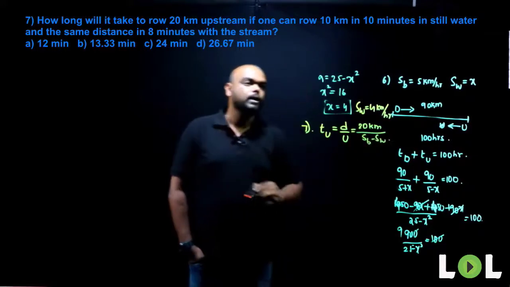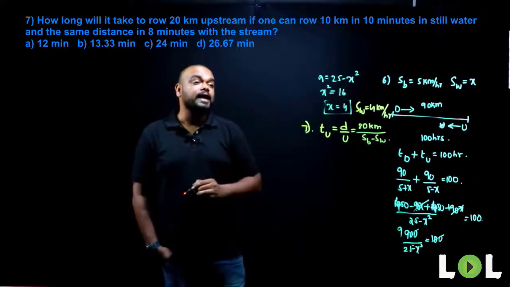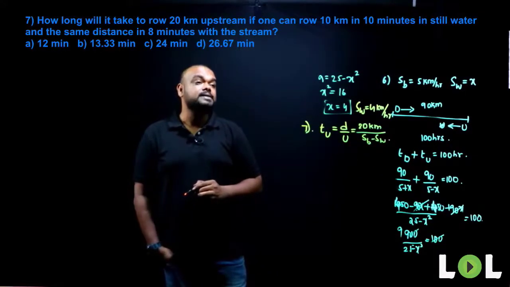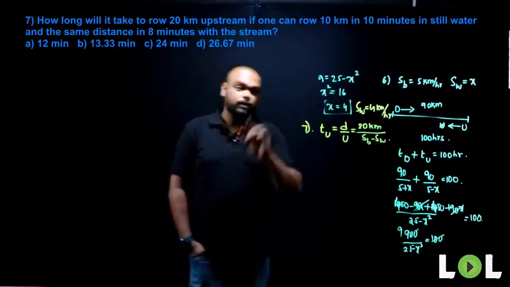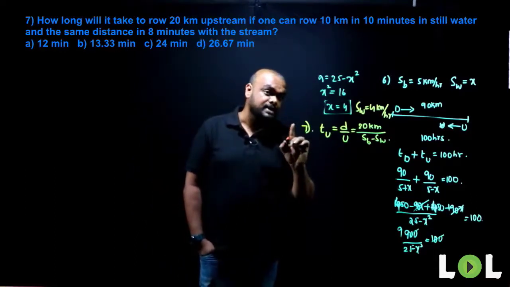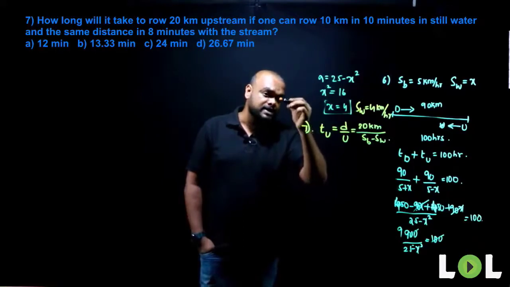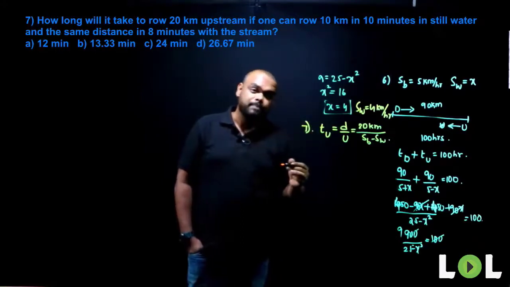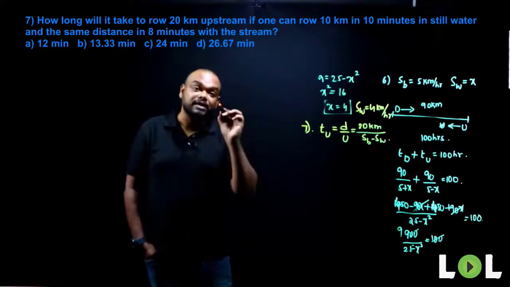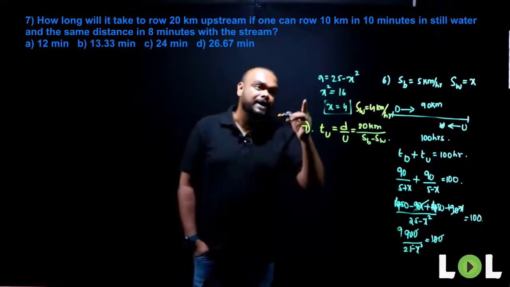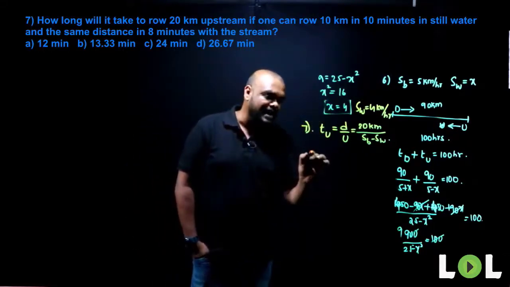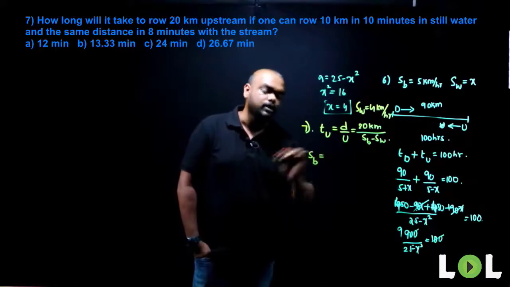Let it be. If one can row 10 kilometers in 10 minutes in Stillwater, 10 kilometers is distance, 10 minutes is time. Distance given, time given. What can we calculate? Speed. But which speed? Stillwater. It means I can calculate speed of a boat in Stillwater.